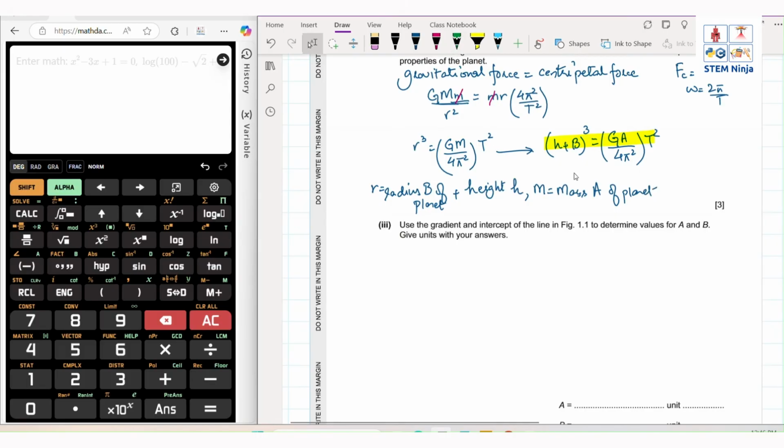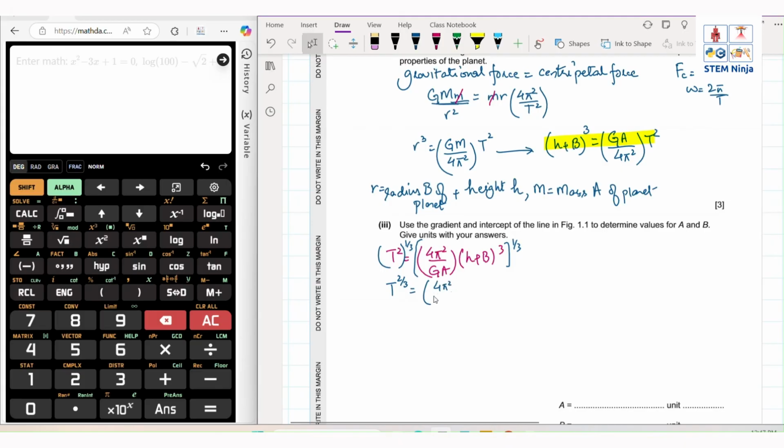First, we make T squared the subject: T squared equals 4 pi squared over GA times (h plus B) whole cubed. The next step is to take the cube root on both sides, so we get T raised to power 2 over 3.